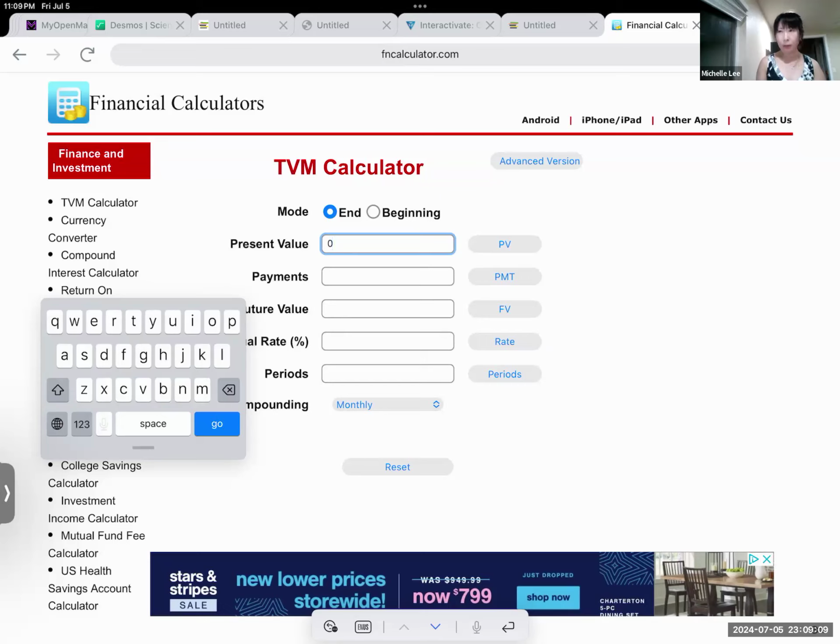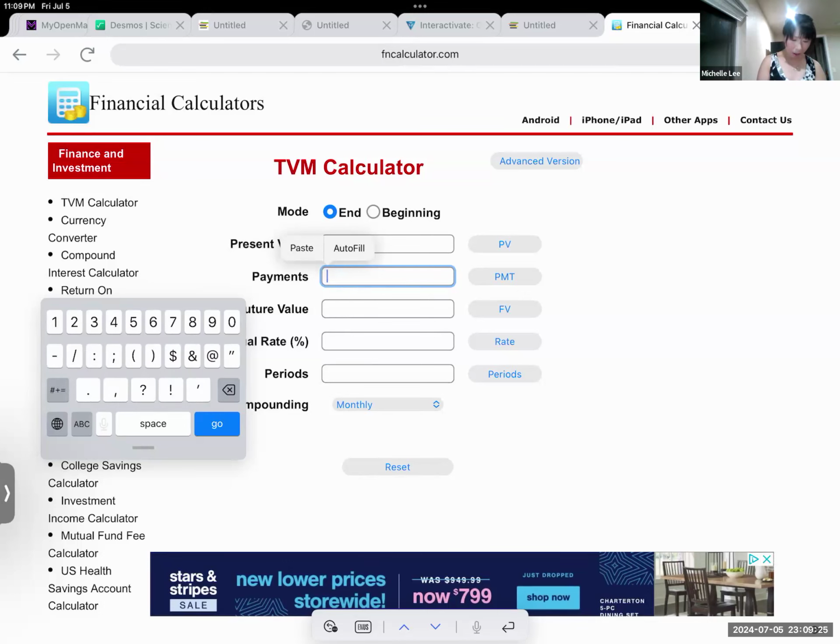And the payment, the smoker pays his cigarette expenses, right? So here, 307.50.